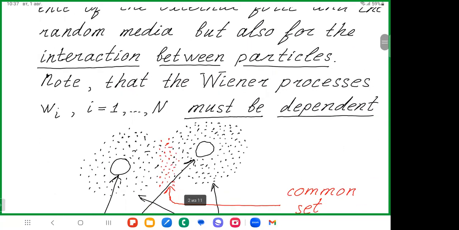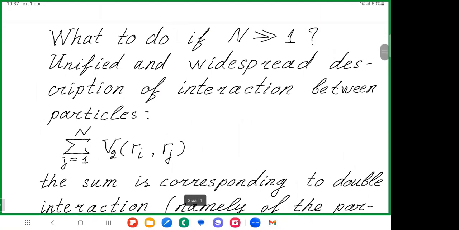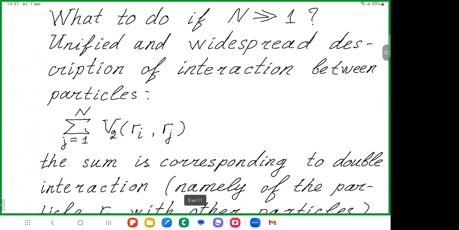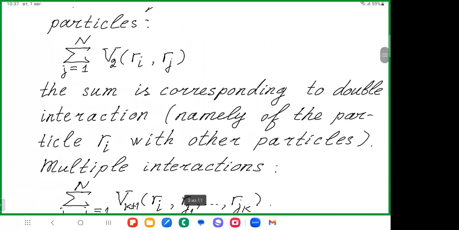And one of the widest spread description of interaction between particles is the following. This is well-known sum of potential of two particle interaction. Here the sum is corresponding to the interaction of particle R_i with other particles of the system.